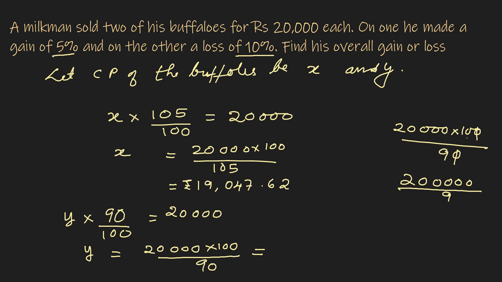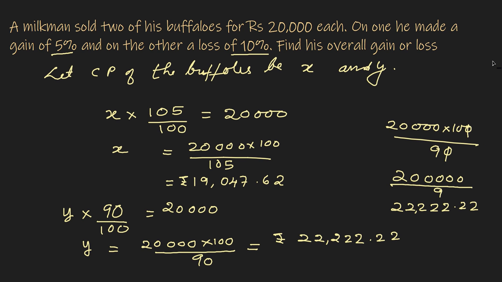Here zeros cancel. 20,000 into 10, that is 2 lakh divided by 9. That you will get as 22,222.22. That is the cost price of the second buffalo.